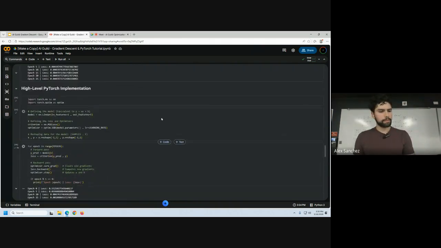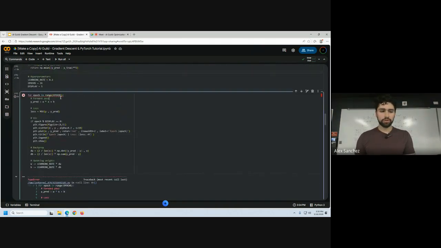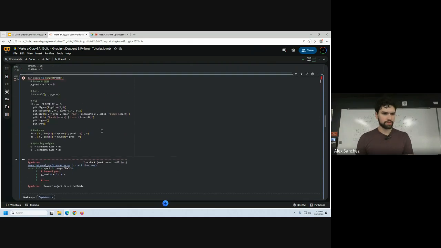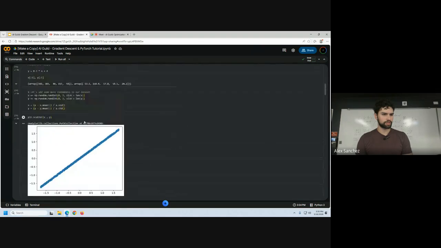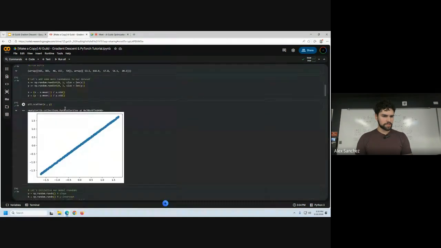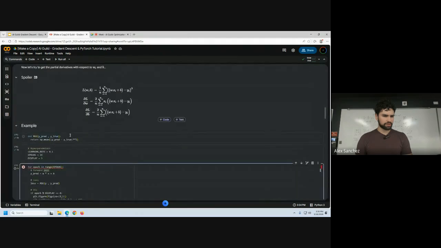That's what I tried to do there. I don't know why the error is happening here. Tensor object is not callable for epoch and range epochs. Am I declaring the epochs as a tensor? No.